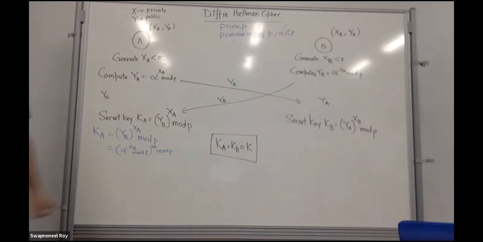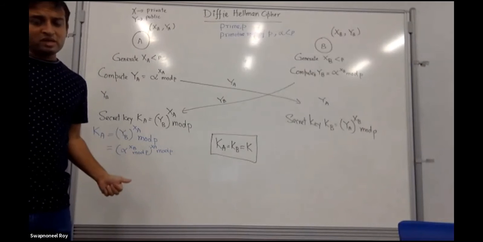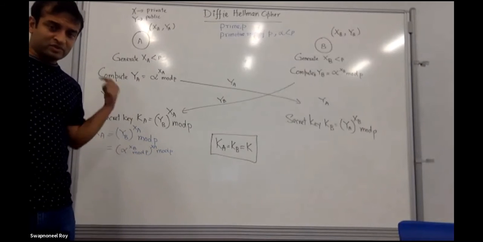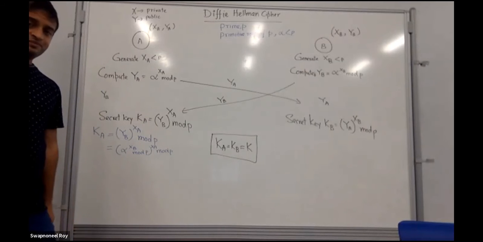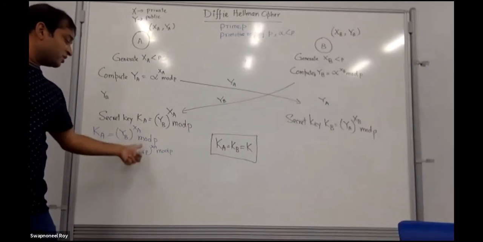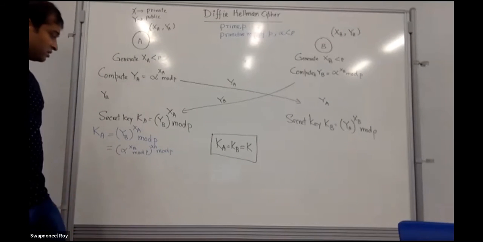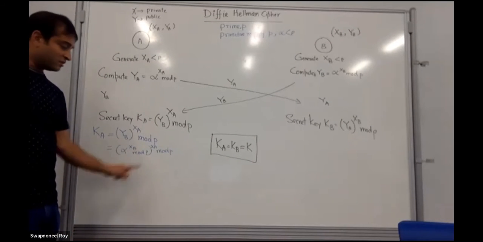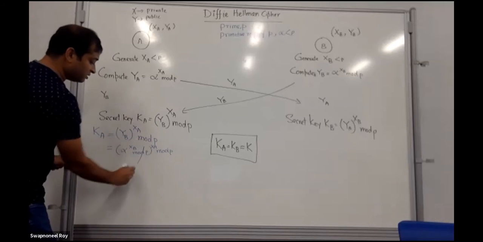By the rule of modular arithmetic, I will not go into that rule, but it is explained in the separate chapter on modular arithmetic that we skipped. It explains that you can remove one of these mods and it will still be the same value. So I can strike out either the inner one or the outer one. It doesn't really matter, so let's strike out this one.